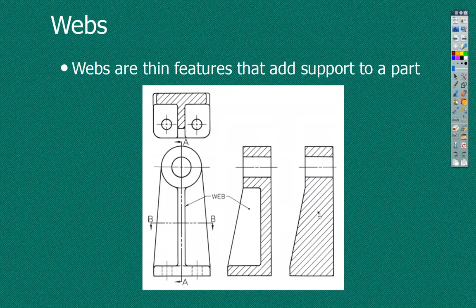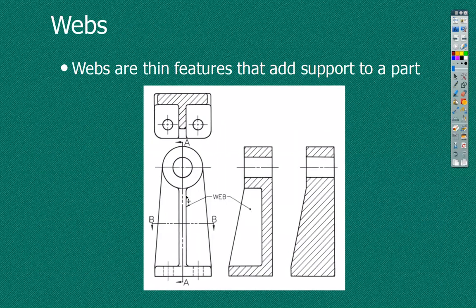Because this is the part of it that goes the full width of the part. This part here where the web is, that's really not adding a lot of support in that direction. This web is supporting it forward and back, not side to side. And so we don't want a section.